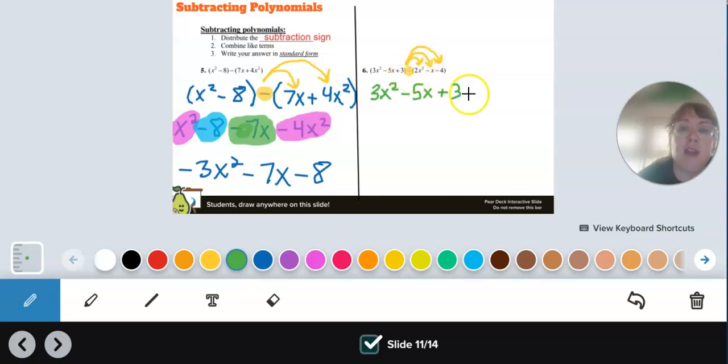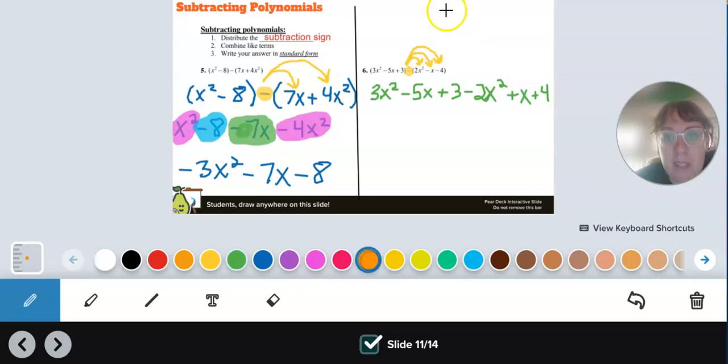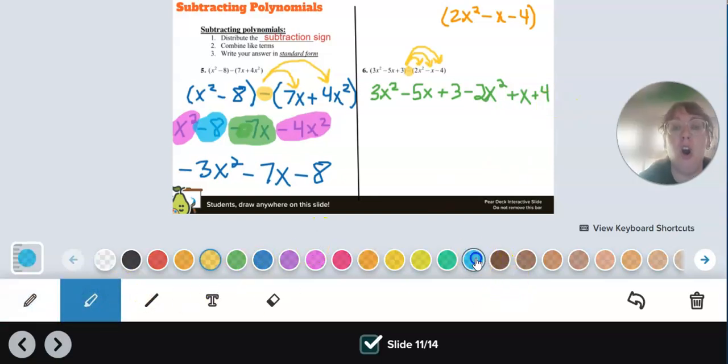And then we're going to subtract a 2x squared. Subtracting a -x becomes a positive x. Subtracting a -4 becomes a positive 4. So notice how this parenthesis was 2x squared minus x minus 4, and it became -2x squared plus x plus 4. So when we distribute that subtraction sign, all of the signs change.